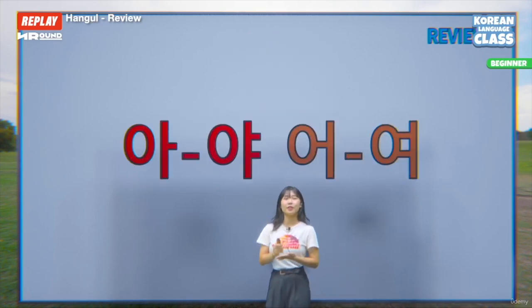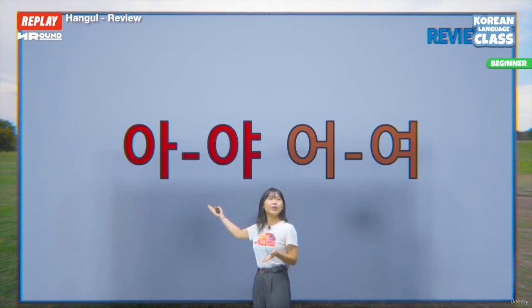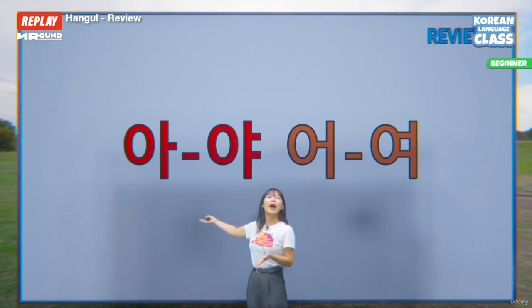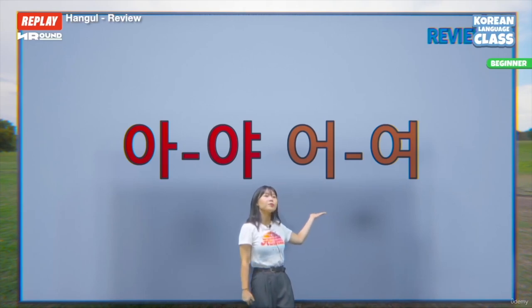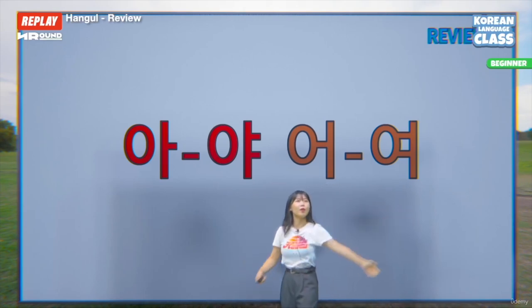Let's start with the basic vowels. Now it's too easy for us. Let's start from here. Open your mouth and repeat after me. Ah. Great. Ya. O. Yo. Good job.